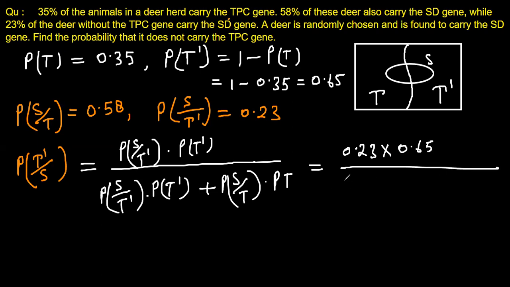Divided by 0.23 into 0.65, plus P of S over T is given, 0.58, multiplied by P(T). This should be written in brackets. So P(T) is given, here it is, 0.35.